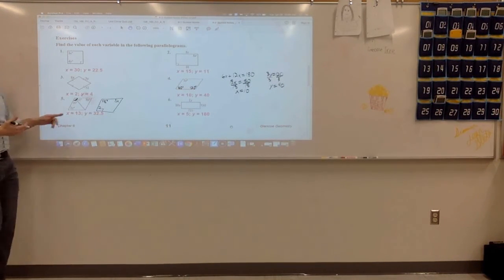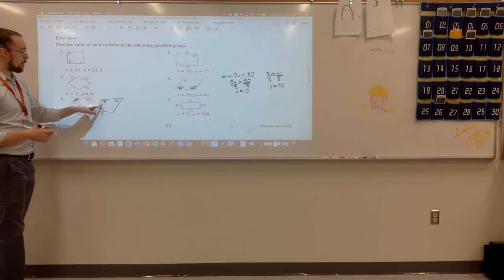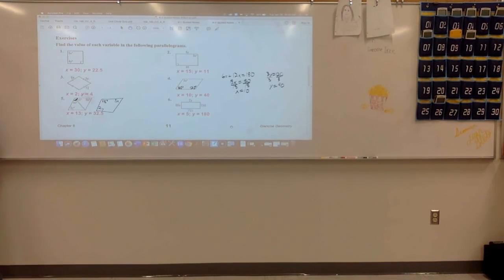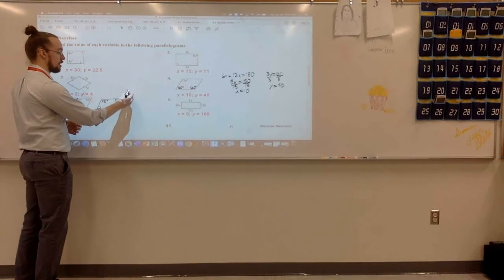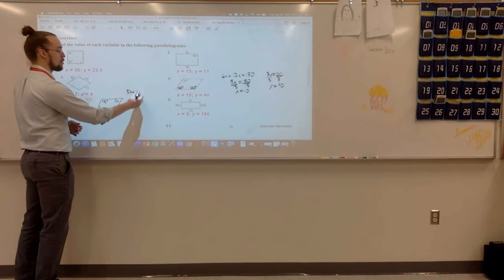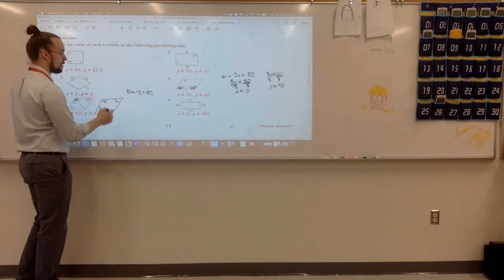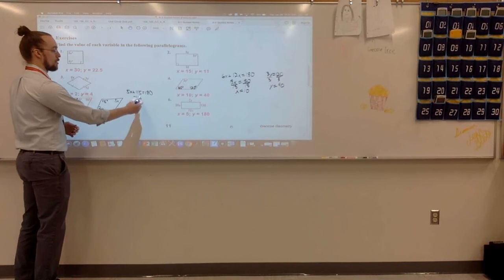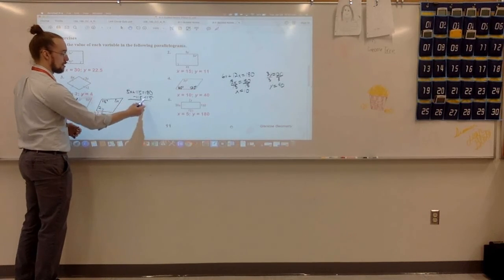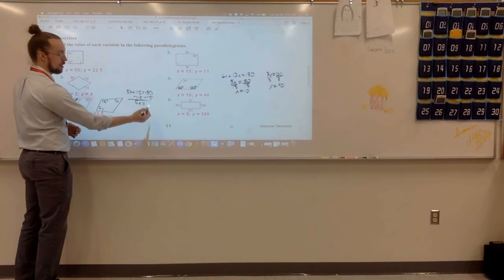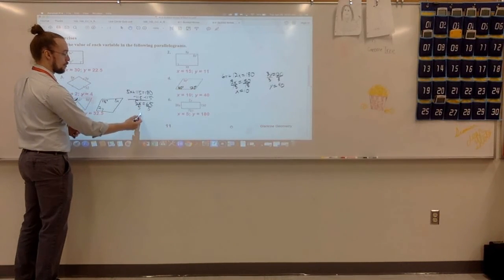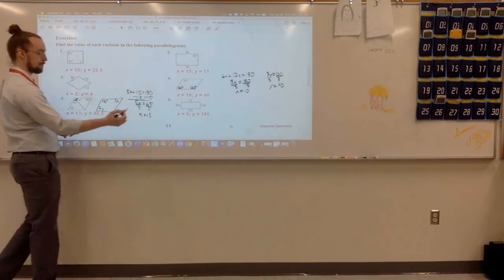So now these two angles, the 115 and the 5x, are right next to each other. They're consecutive, so they would add to 180. 5x plus 115 equals 180. Subtract the 115 over. Divide by 5. And we get x equals 13.